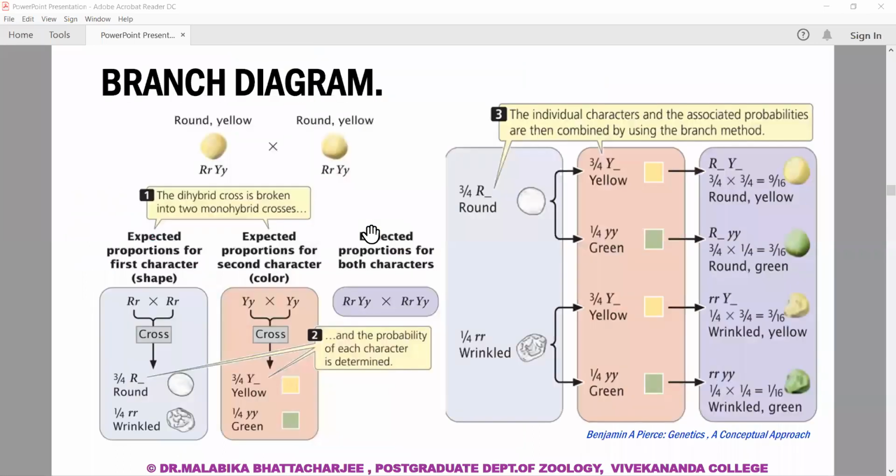From the second experiment, I just want to show you a deduction of how to get the ratio. So this is a known example, but when we are doing crosses, how simply can we calculate the probability of obtaining the offspring? So this is a branch diagram mode.